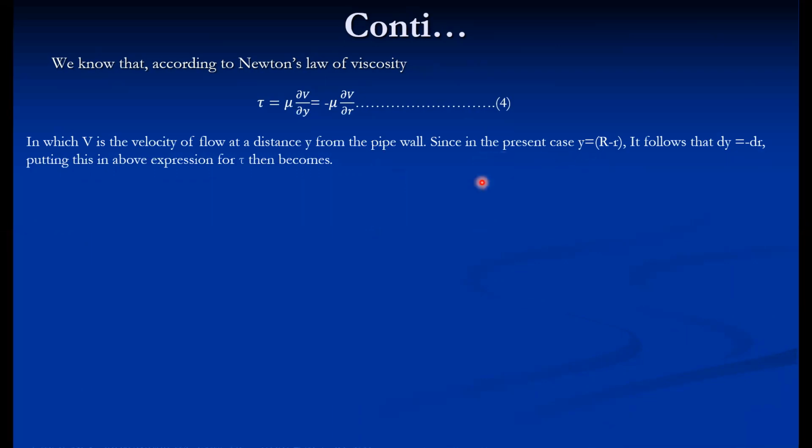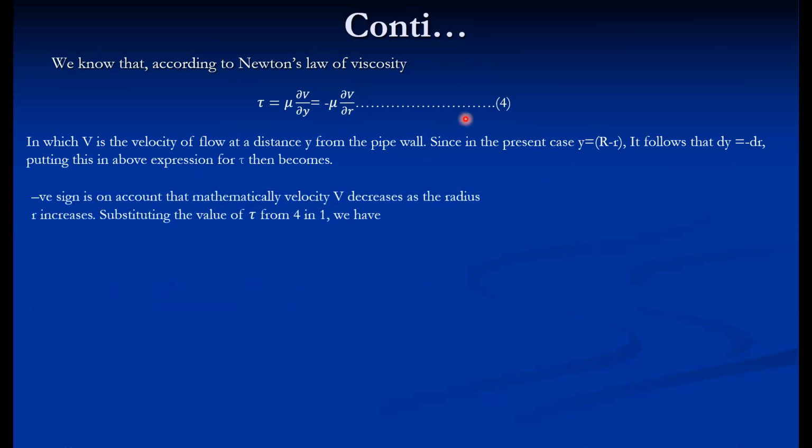Since in the present case y is equal to capital R minus small r, measured from the center, we can write y in terms of small r. If we differentiate y with respect to r, it's minus dr, so instead of dy we put minus dr. Putting this in our equation we have tau equal to minus mu into dv by dr. That is equation number 4.